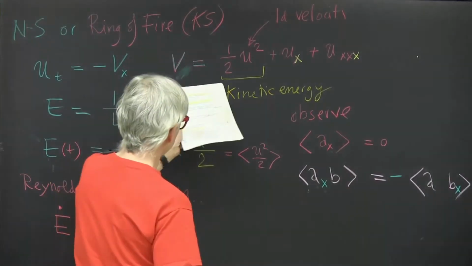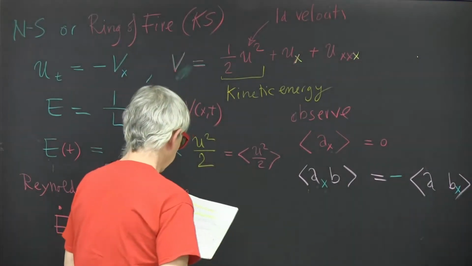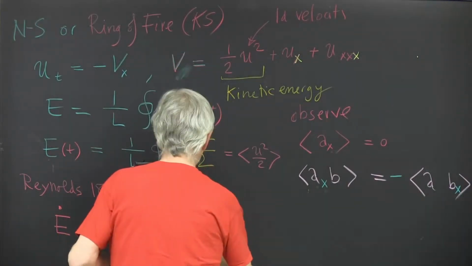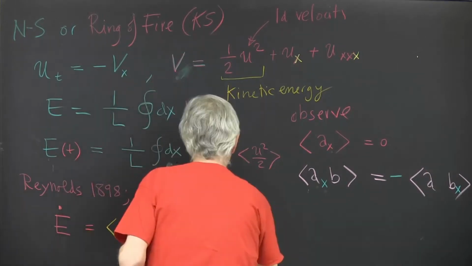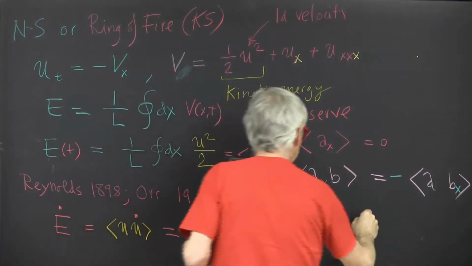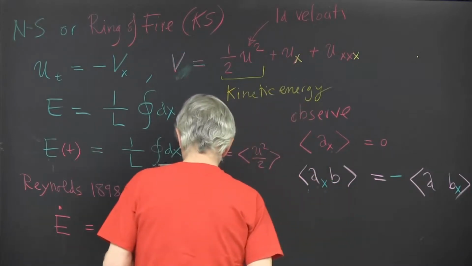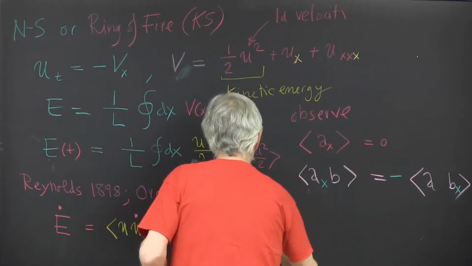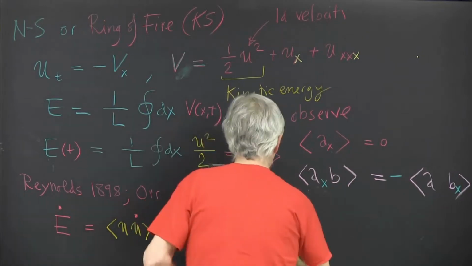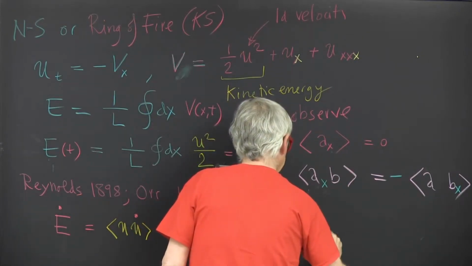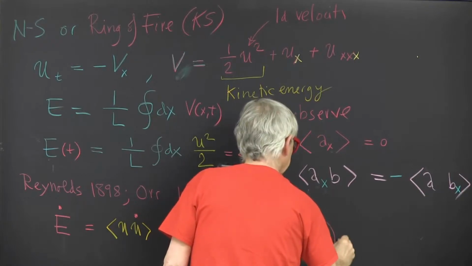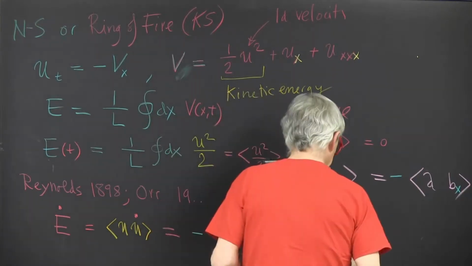So I can substitute it, put all these terms in, and I get minus this, minus here, the space average of the function u squared over 2 plus u_x plus u_xx, where u_xx is the x derivative times u.